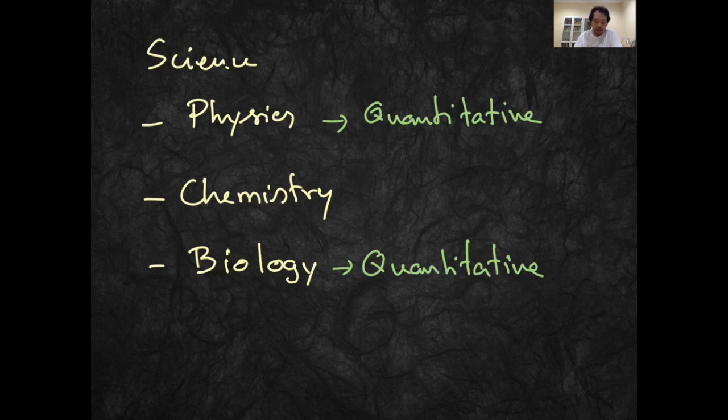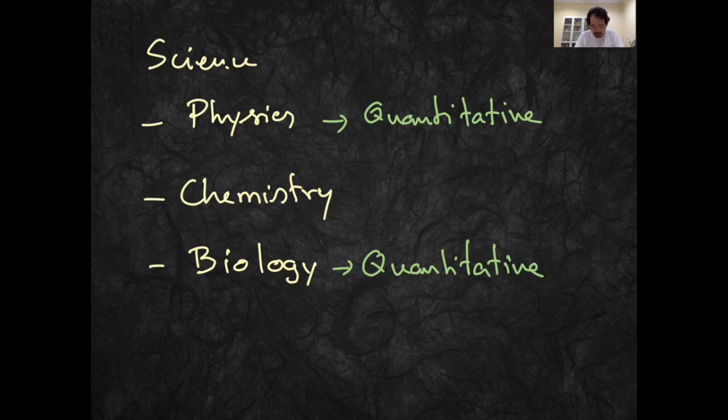In some parts of chemistry you may do the calculation, but in others you may not be able to. For example, biochemistry is very close to biology, but physical chemistry is very close to physics. So chemistry is in between.